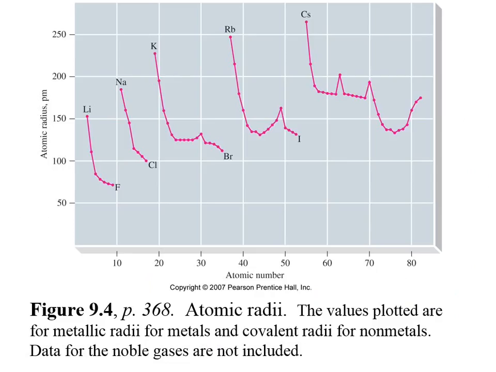So this is kind of an interesting little thing. Again, removing group 8A or the rare gases. This is period 2. This is period 3, period 4, okay, period 5, period 6.